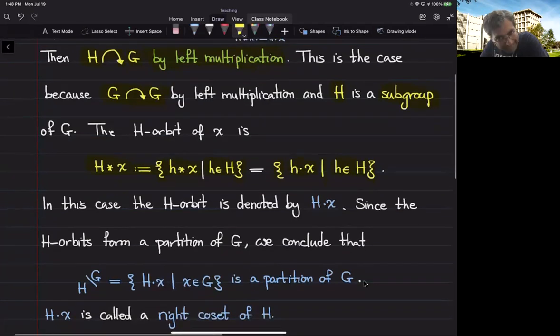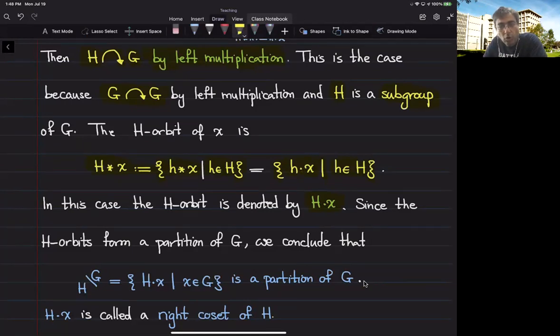So in this case, we are going to denote the H orbit simply by H dot X, because that's what we are doing. We are multiplying elements of H by X, so that's why we are going to use this notation, H dot X, instead of H star X. In this case, because the star is simply dot.